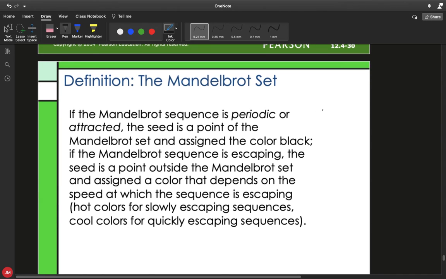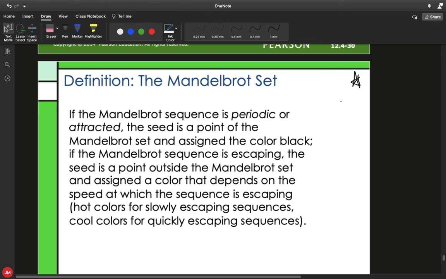Okay, so here is the key slide. This is the one to make sure that you have written down and that you study before the quiz on Wednesday, which is the definition of exactly what the Mandelbrot set is. We say that if the Mandelbrot sequence is either periodic or attracted, then the seed is going to be a part of the Mandelbrot set and is going to be assigned the color black.